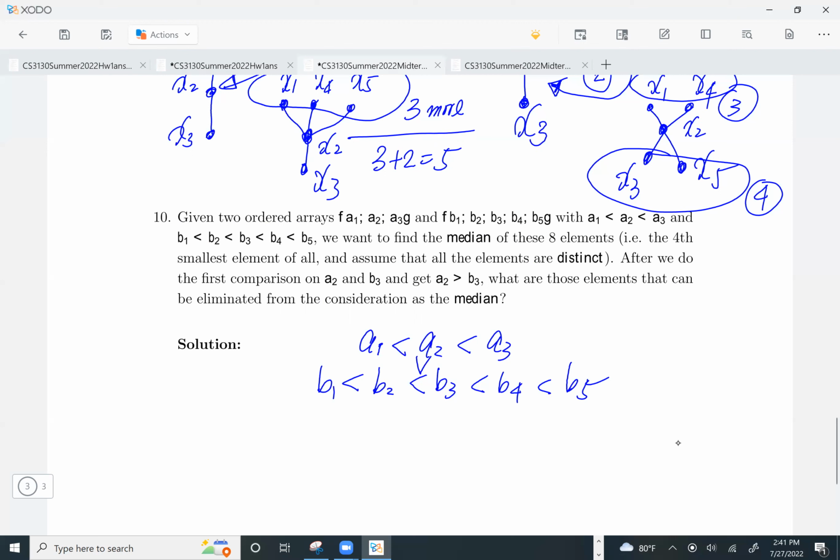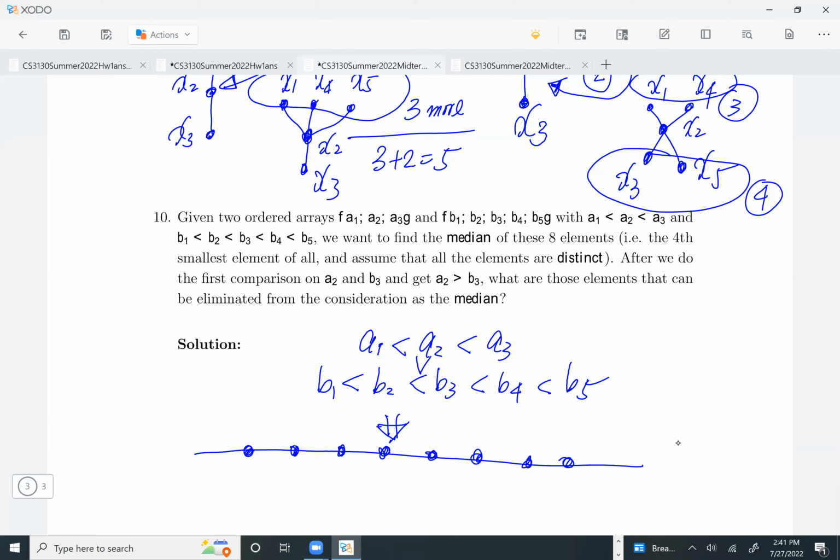In A positions, the median is this one, the 4th.